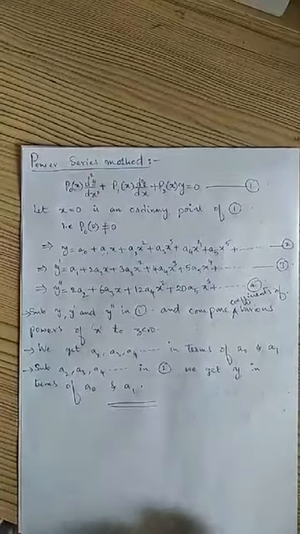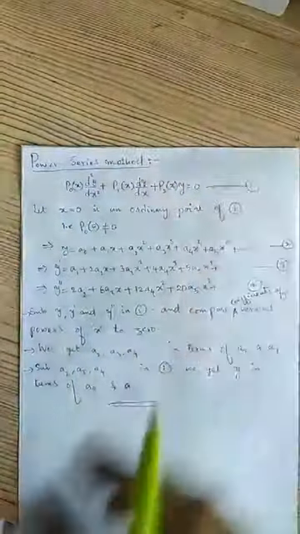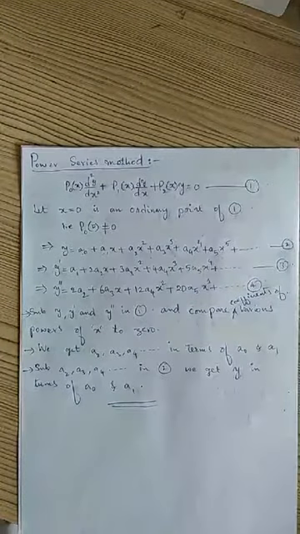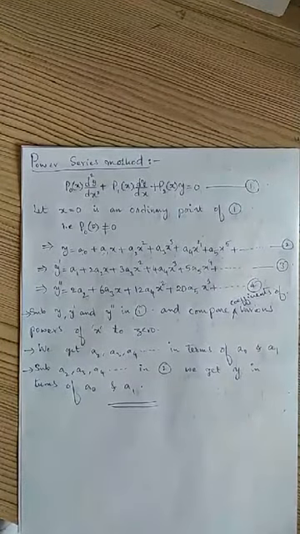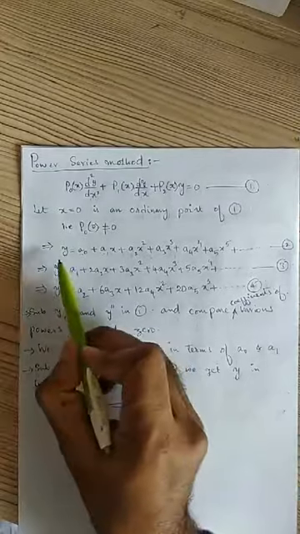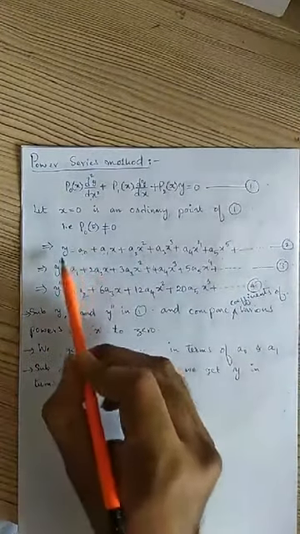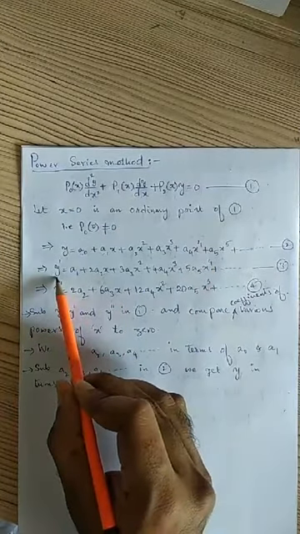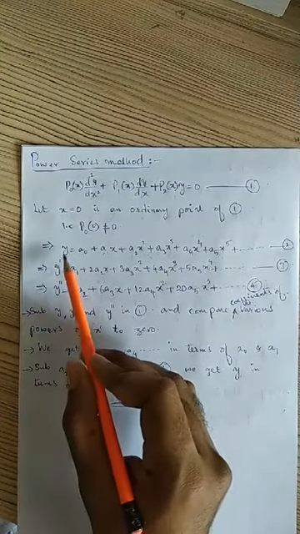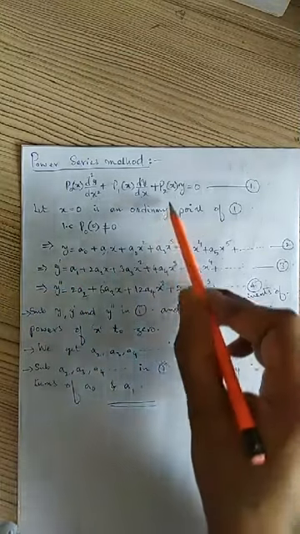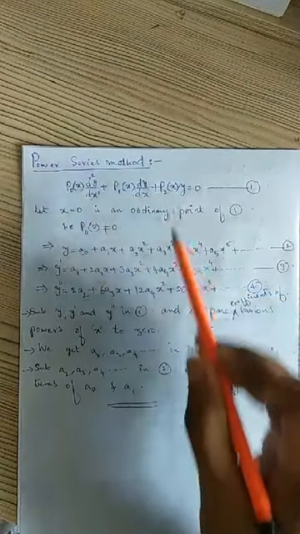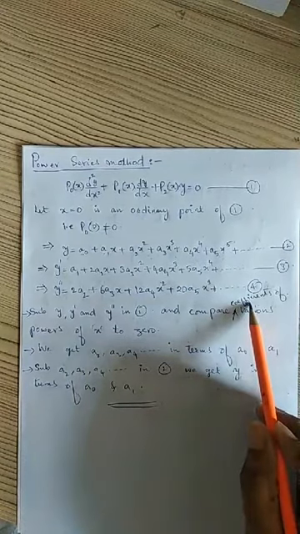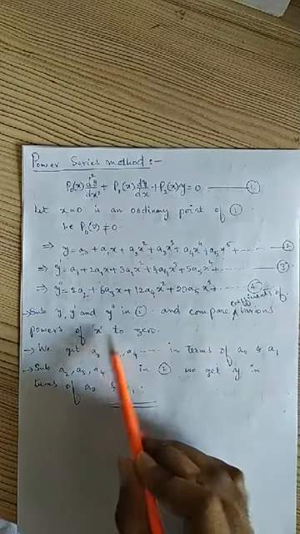In problems, for the given equation, first we will check whether x equals 0 is an ordinary point for that equation or not, right? If x equals 0 is an ordinary point, then the result says that the solution y will be in this form. Then we will find y dash, then y double dash, substitute y, y dash, y double dash in equation 1, the given equation, and compare the coefficients of various powers of x to 0.